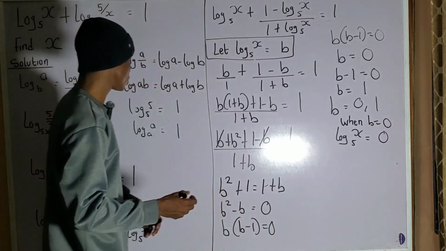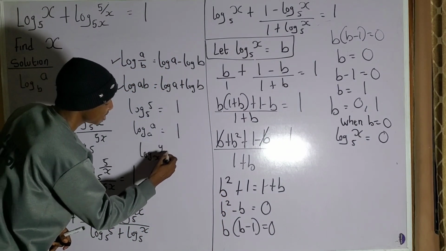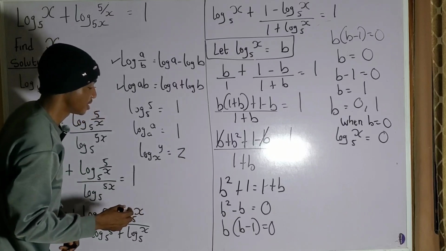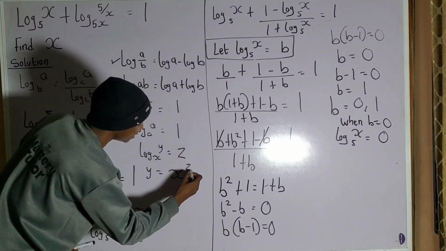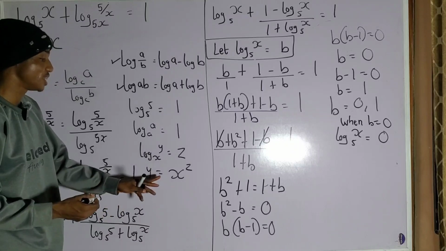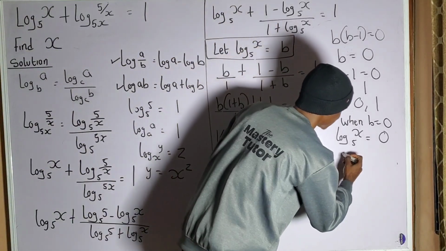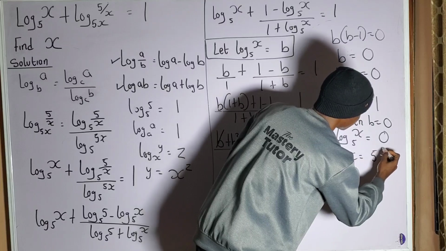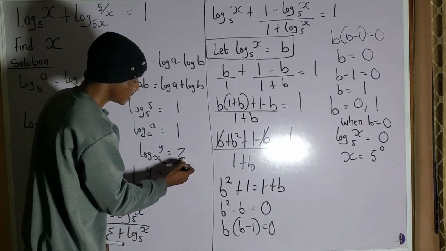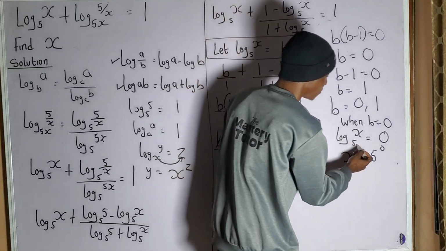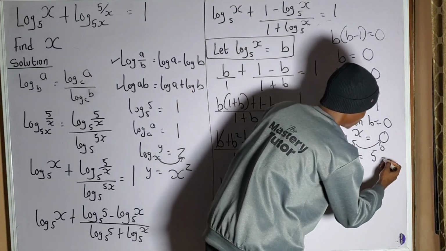Now, according to the laws of logarithm, if you have log y base x equals z, that means y equals x raised to the power of z. You change this to index form. So x will be equal to 5 raised to the power of 0, that is, the base 5 will carry this 0. So x equals 5 raised to the power 0, so that will be 1, right?